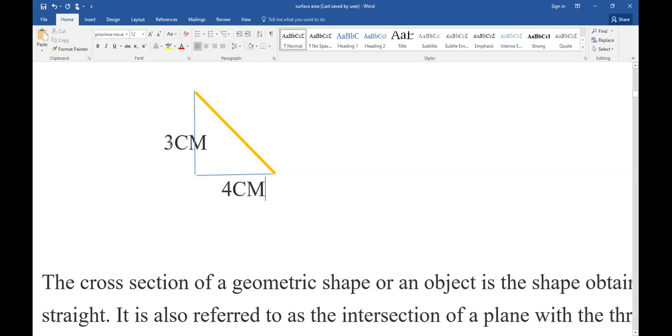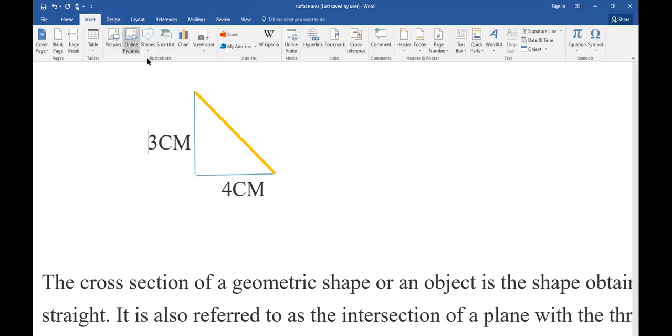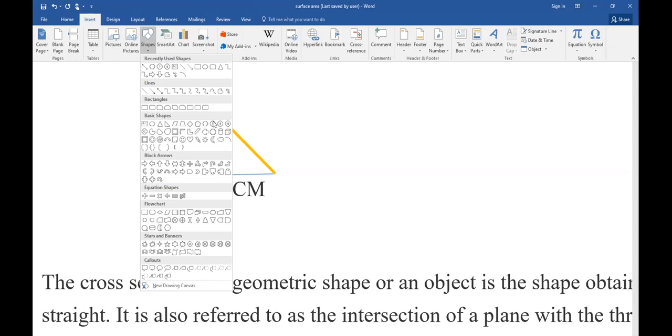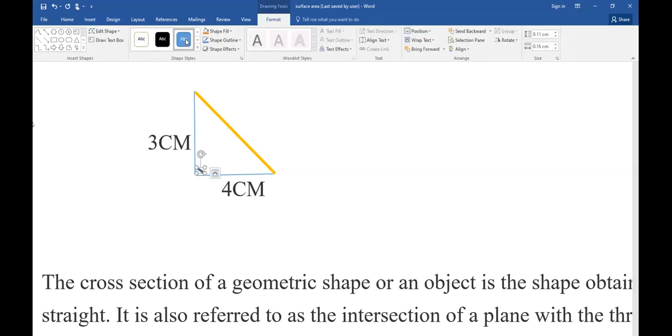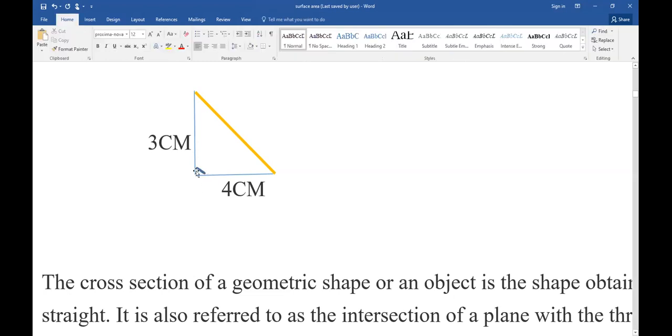So in a right angled triangle, because this angle here is a right angle, this one is a right angled triangle. So how can we, for example, find the area of a right angled triangle? Or how can we find the hypotenuse?